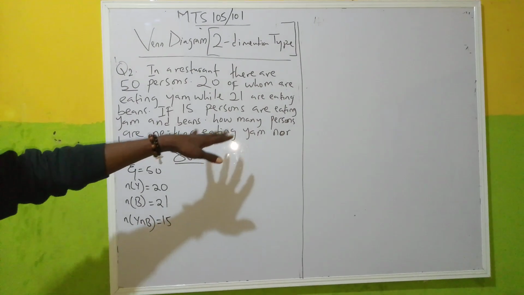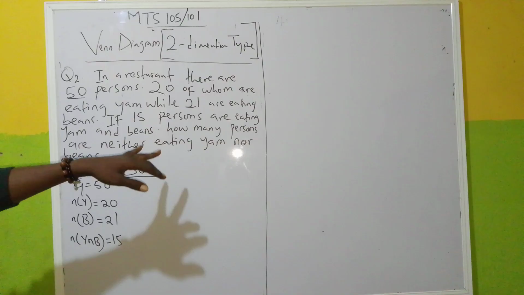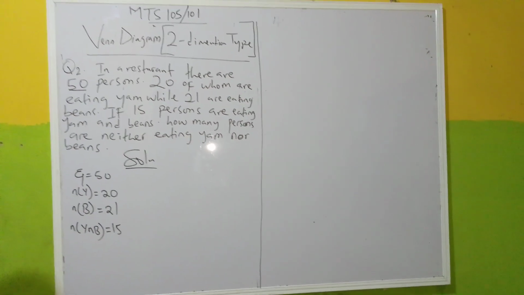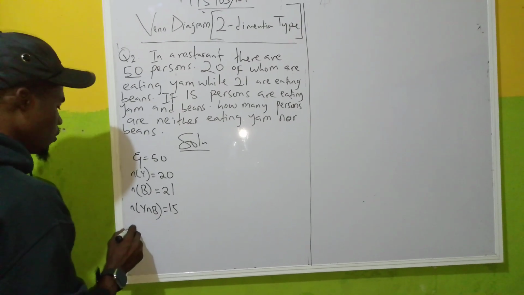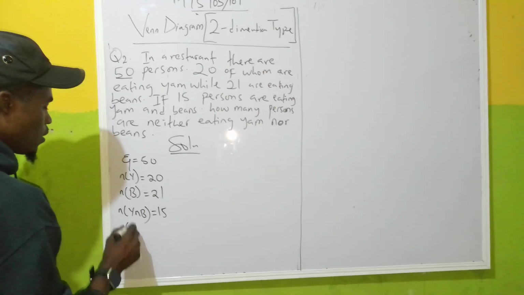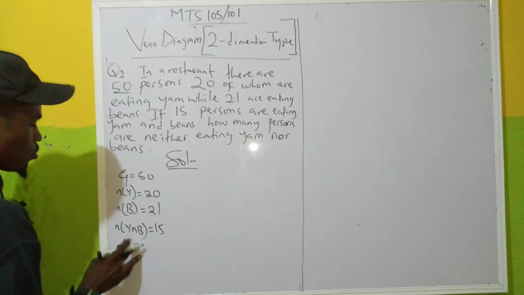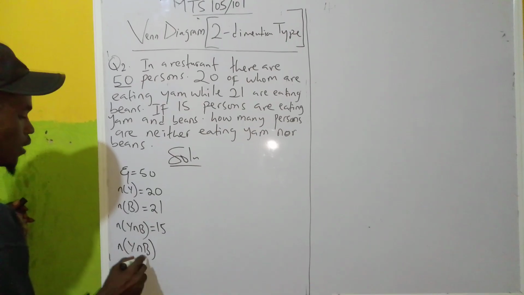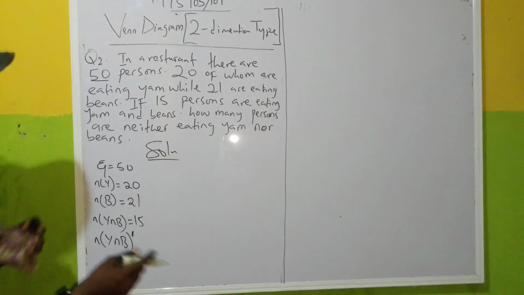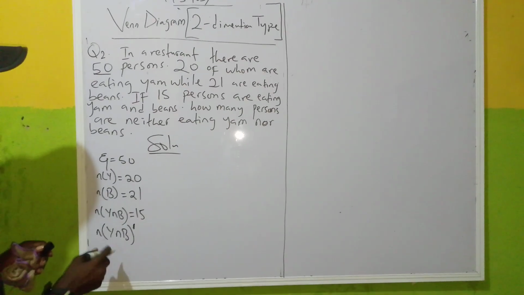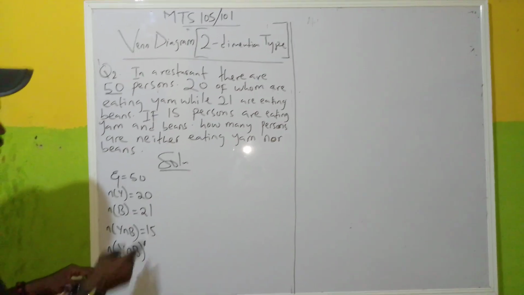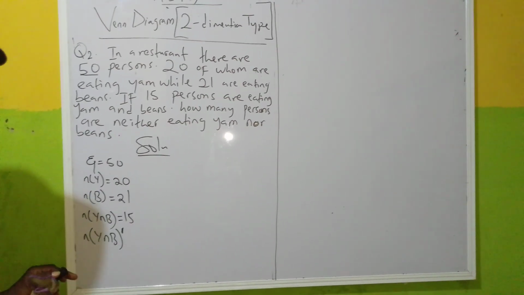How many persons are neither eating yam nor beans? How do you express that? Whenever you see this word neither, nor, so yam intersection beans or whatever you have, then everything will carry prime.